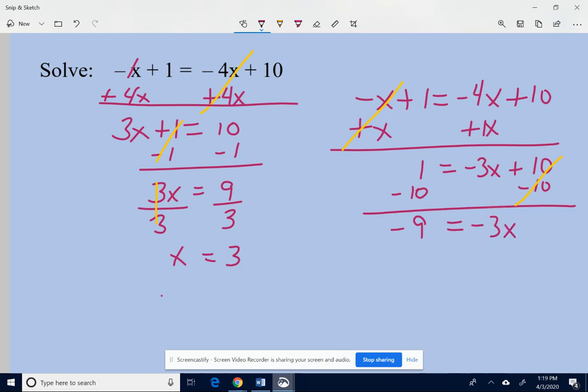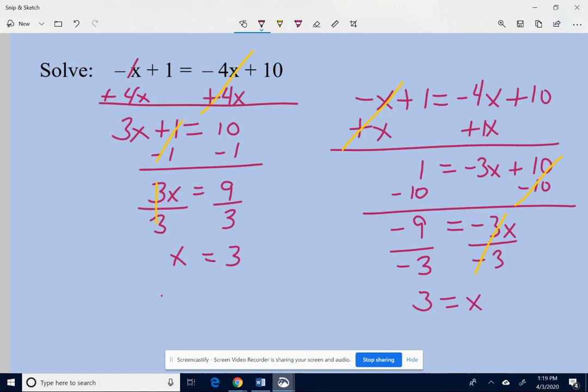The 10 minus 10 went away. Get rid of the multiplied negative 3 by dividing by a negative 3. When you do that, we have negative 9 divided by negative 3, which is a positive 3. And the negative 3's end up being 1x, which is x.